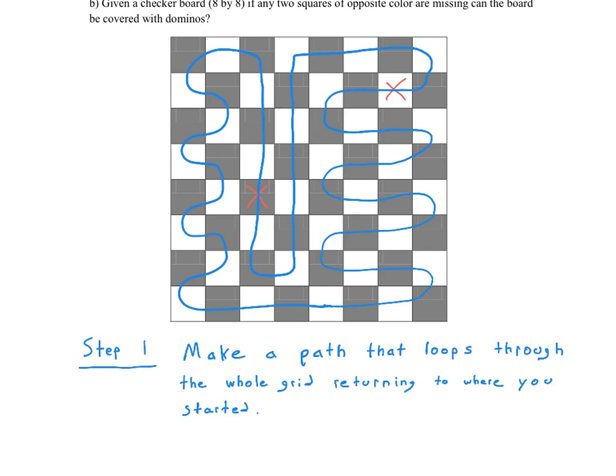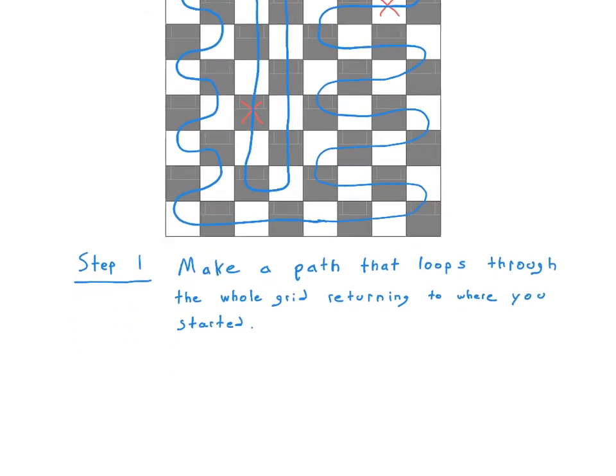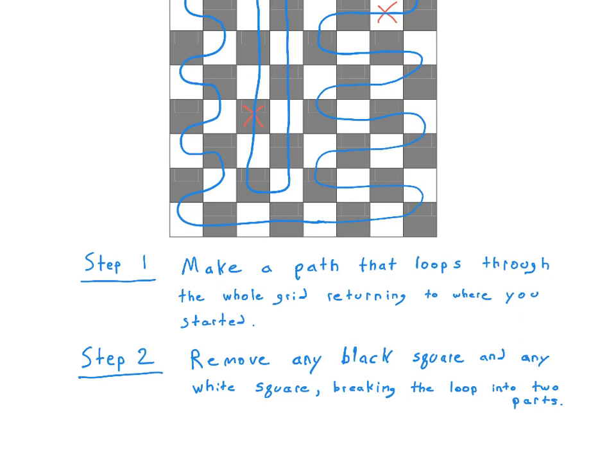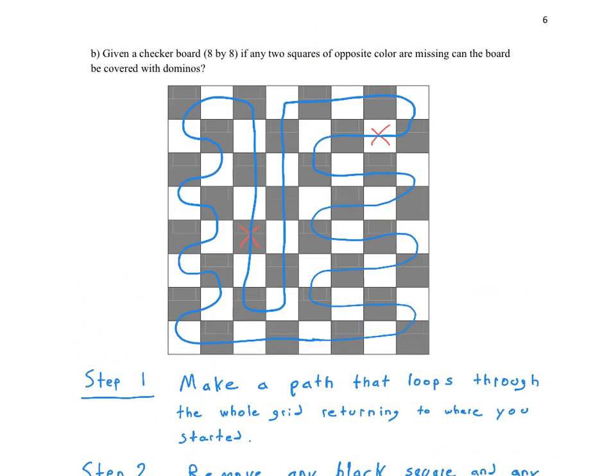Okay, that's step 1. In step 2, we remove any black square and any white square. It didn't have to be the 2 squares that we decided to remove before. It could be any black one and any white one.